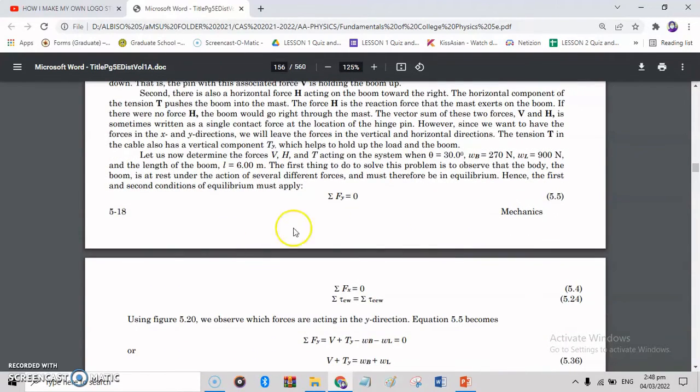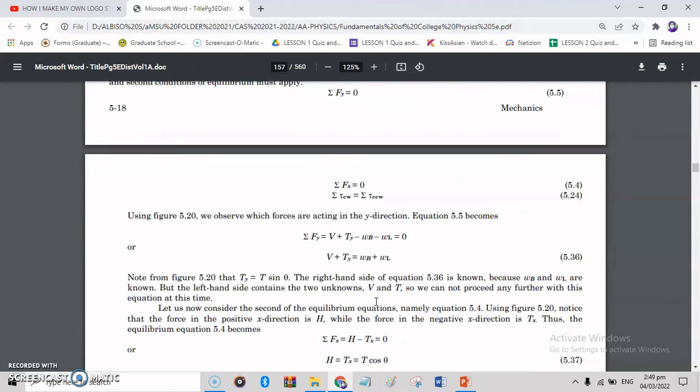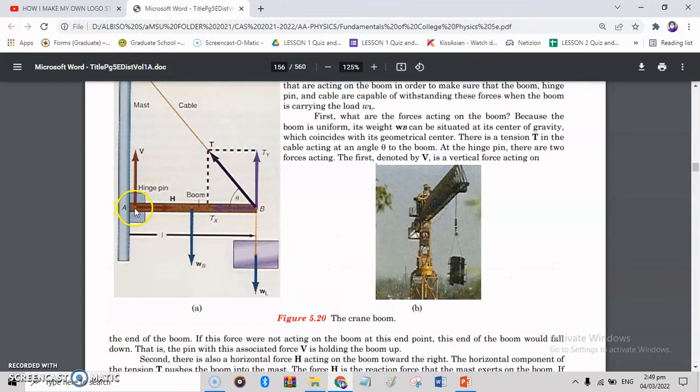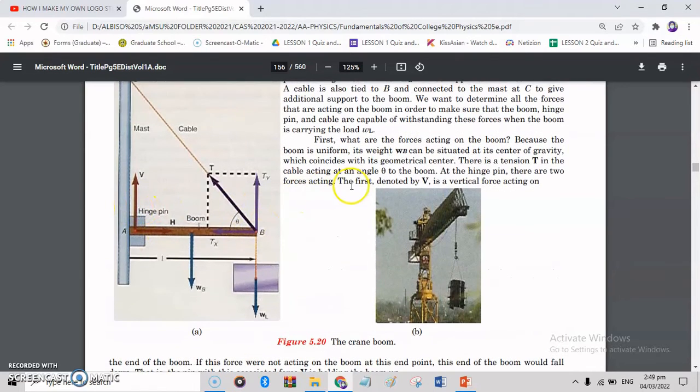Of course, we apply these equations: summation of all forces along the y, summation of all the forces along the x, and summation of all the torques clockwise equals summation of all the torques counterclockwise. So by using summation of all forces along the y, we see that there is a V. What is this V?